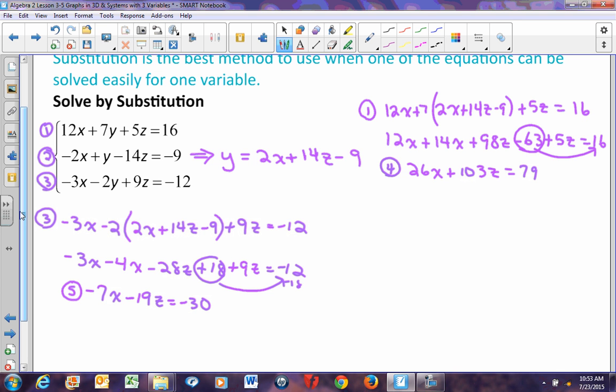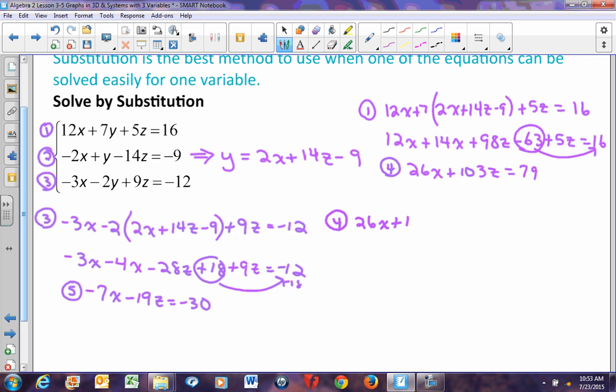I now have two equations with two unknowns. I now need to eliminate either x or z. Both of these are really large numbers. Okay. So I have 26x plus 103z equals 79. That's equation number 4, and you can look at that up here.